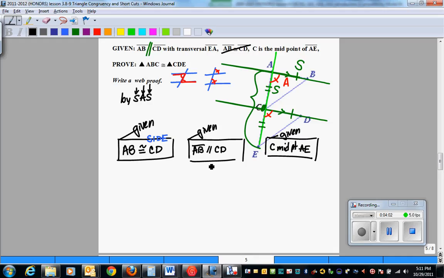We have one side already. The parallel lines gave us angle A congruent to angle C. Why? Reason: if parallel, corresponding angles congruent. And that gives us our pair of angles.